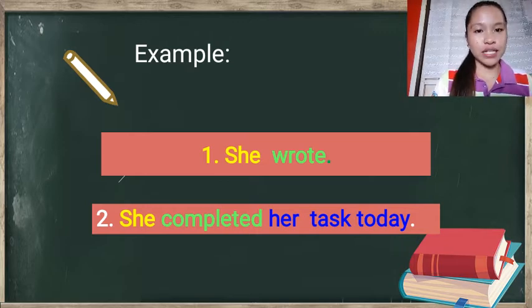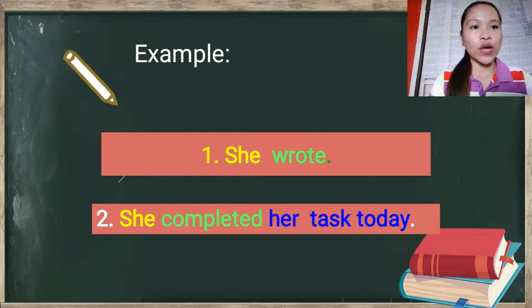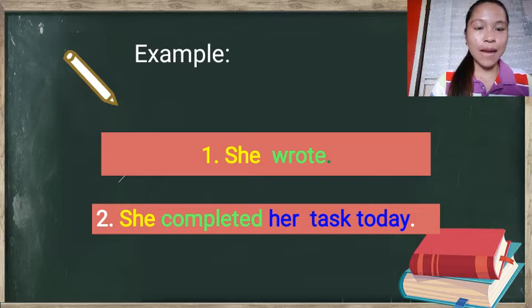Another example is she completed her task today. In this example, we have the subject she, the verb completed, and the prepositional phrase her task today. So this is an example of a simple sentence because it expresses a complete thought.